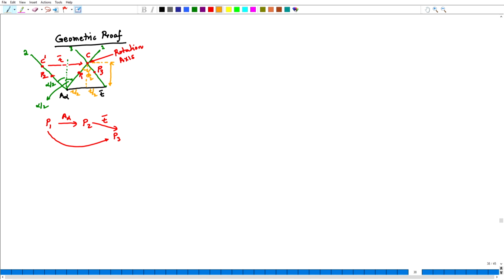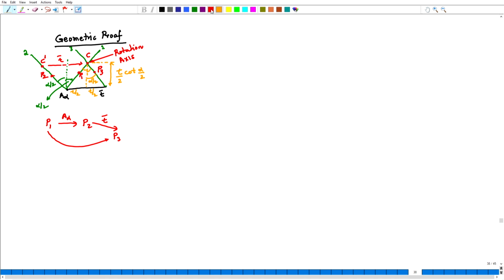And therefore, this point C is located on the perpendicular bisector at a distance of T by 2 cot alpha by 2. So, I have found out my rotation operation.